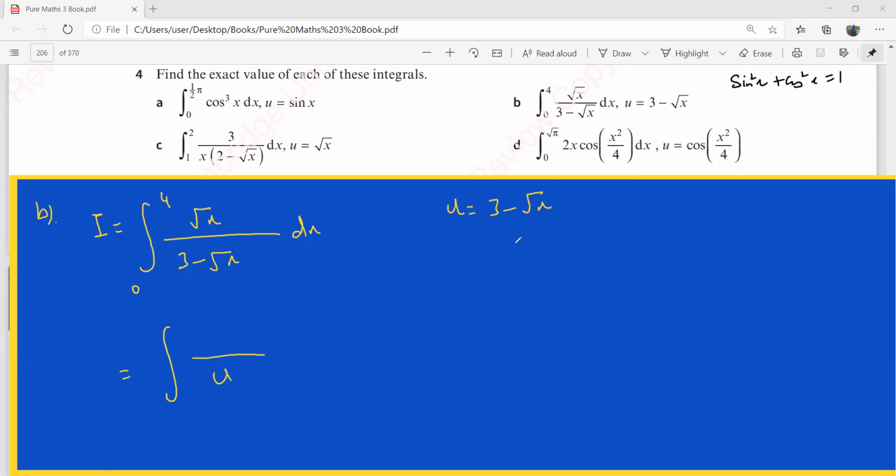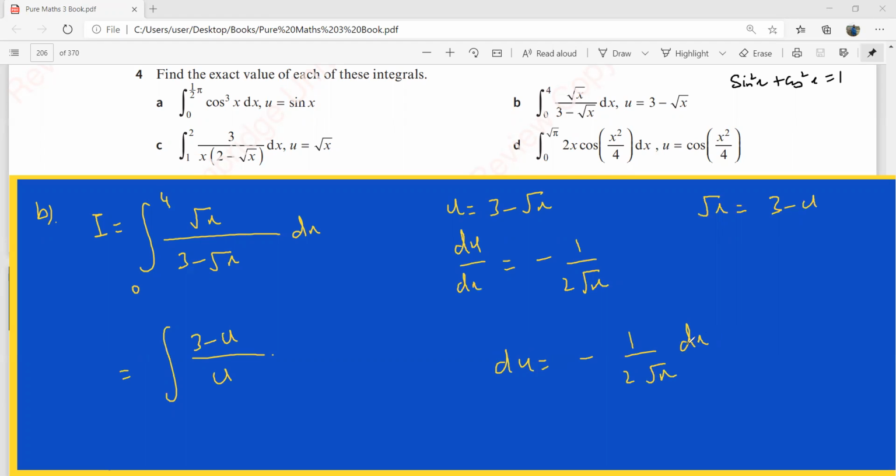And you can see that under root x can be 3 minus u. So you can write here 3 minus u. And then for this du, you can find this du by dx from here. This is going to be minus 1 over 2 under root x. So du is equal to minus 1 over 2 under root x dx.